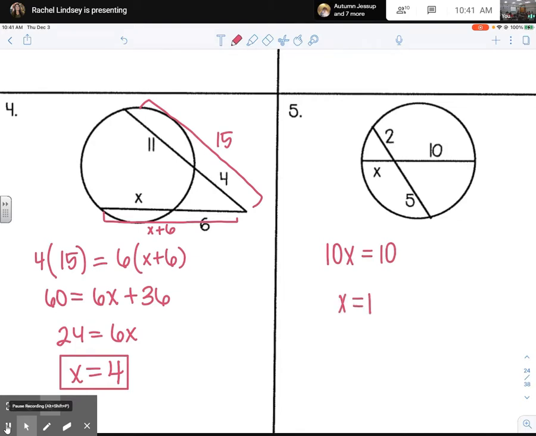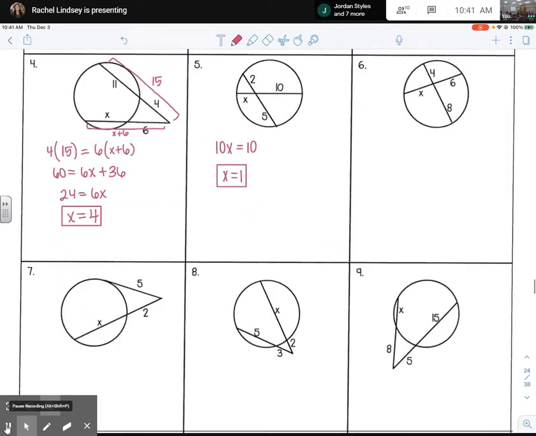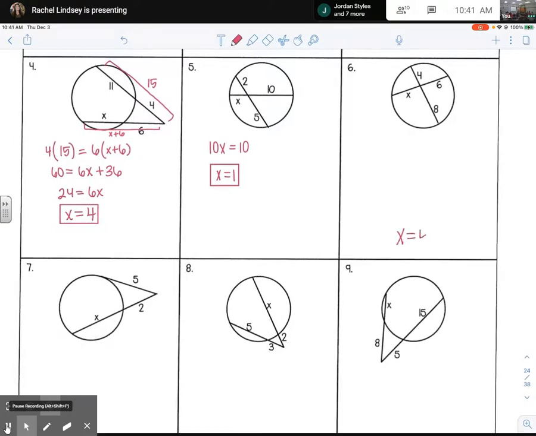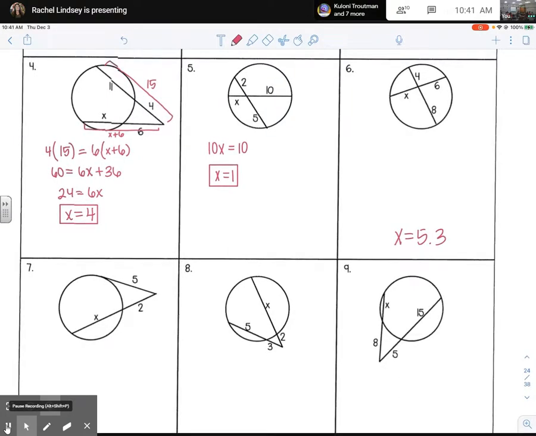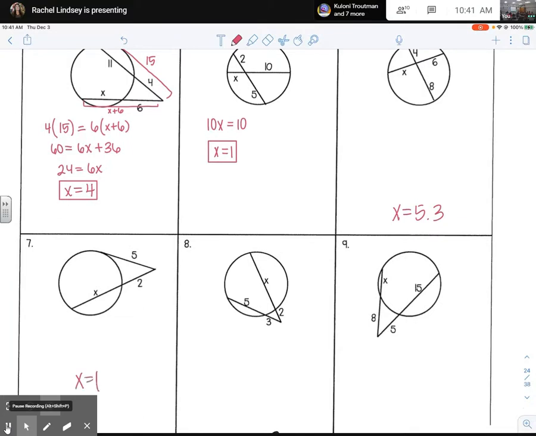X equals 1. Okay, so there's the answers for 6, 7, 8, 9.